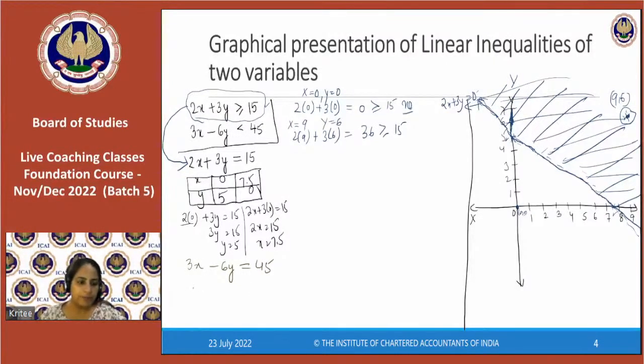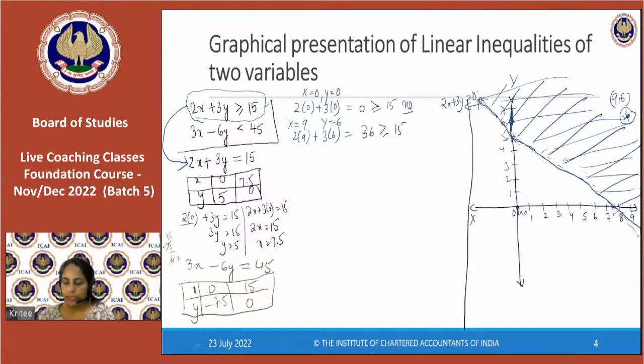Once again, I will take up the points x and y. So when x is equal to 0, my y will be equal to minus 45 by 6. Minus 45 by 6 is what? 3 2s are 6, 3 15s are 45, minus 7.5. And when y is equal to 0, x comes to 15.